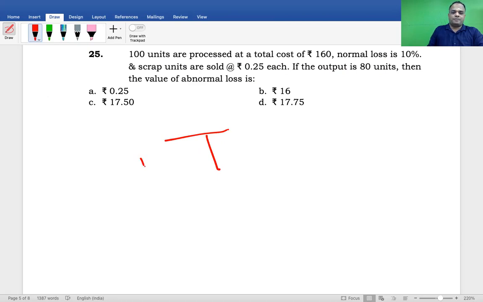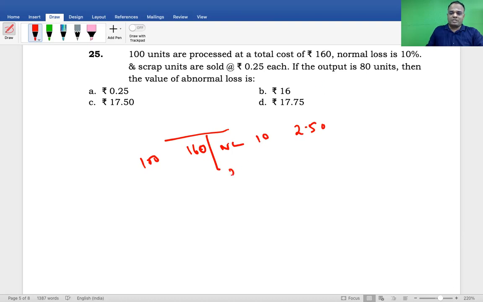Given input 100 units. Total cost of 100 units comes to 160, not cost per unit, am I right? Next, normal loss is how much? 10%. Credit side normal loss 10% comes to 10 units. Salvage value 25 paise, am I right? Yes, sir. 10 into 0.25 is equal to 2 rupees 50 paise, am I right or not? Yes, sir. 2 rupees 50 paise is the normal loss.